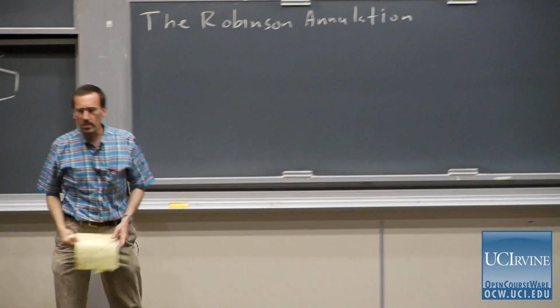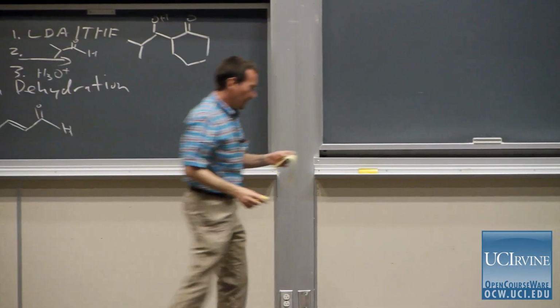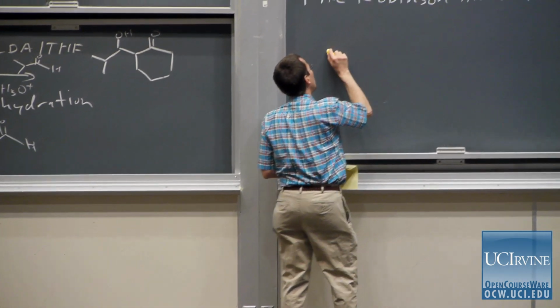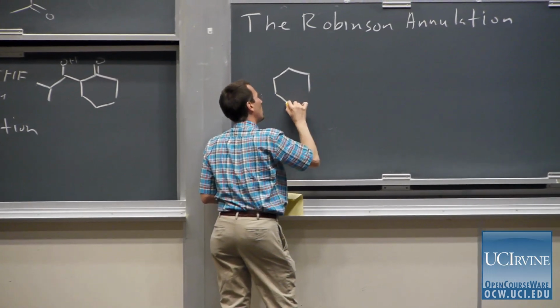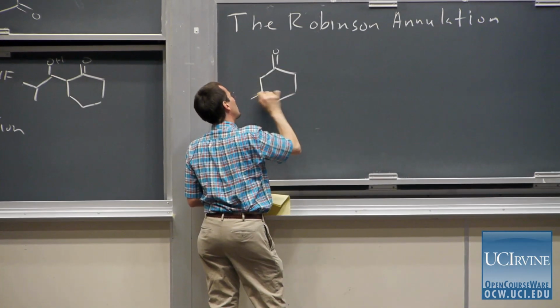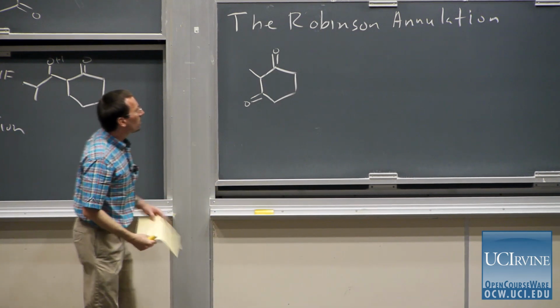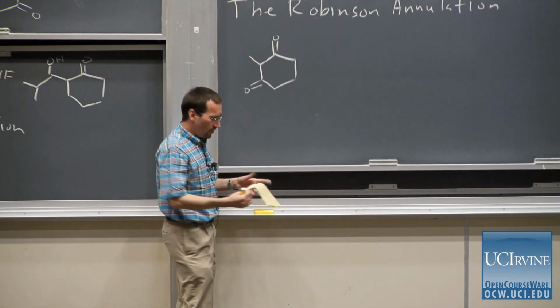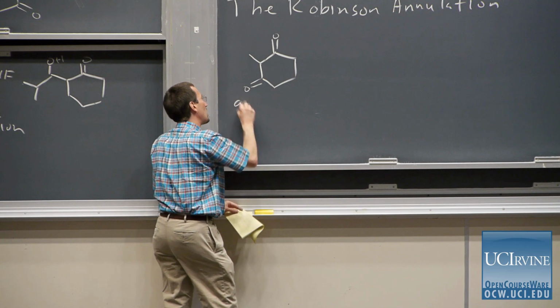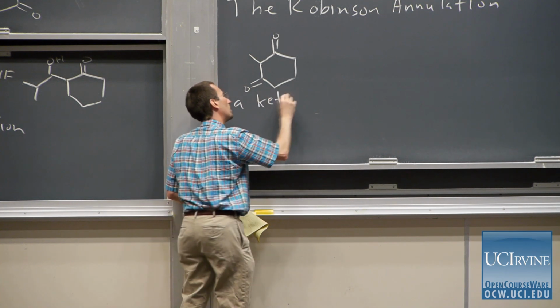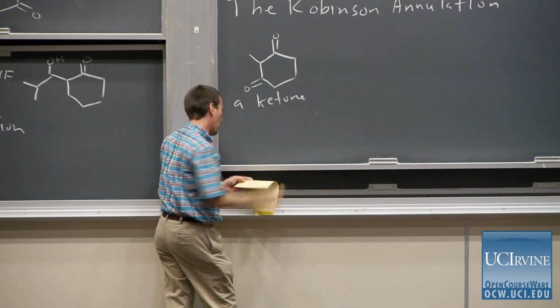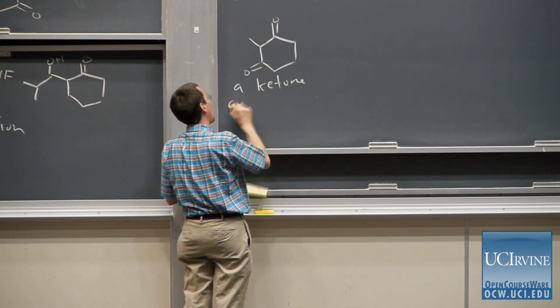And I'll start with a specific example of this particular ketone, 2-methylcyclohexane-1,3-dione. And I'll say in general, let's say in general, a ketone or a 1,3-dicarbonyl compound.